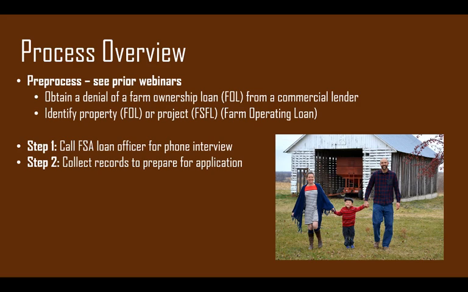And we'll go more into detail on what these records are, but some of them are financial, some of them are resume related, and there are many different things that FSA will work with in helping you get qualified for a loan. Step 3 is an in-person interview with the application.